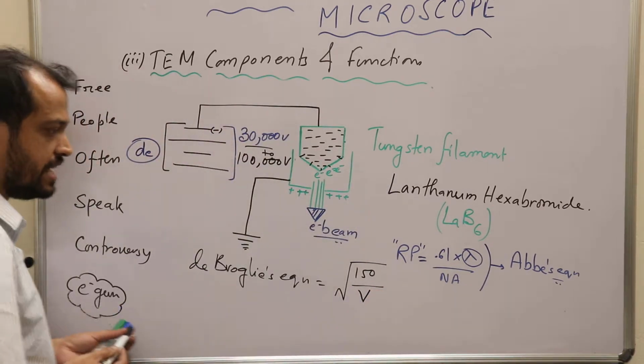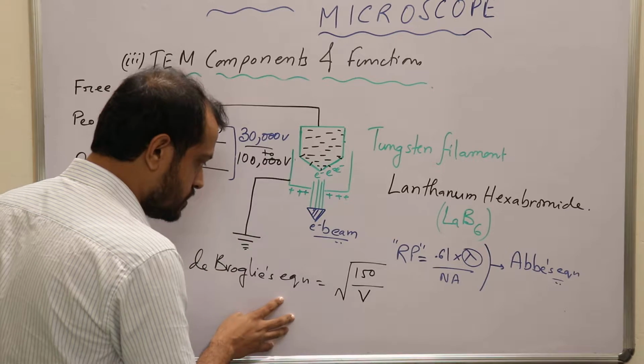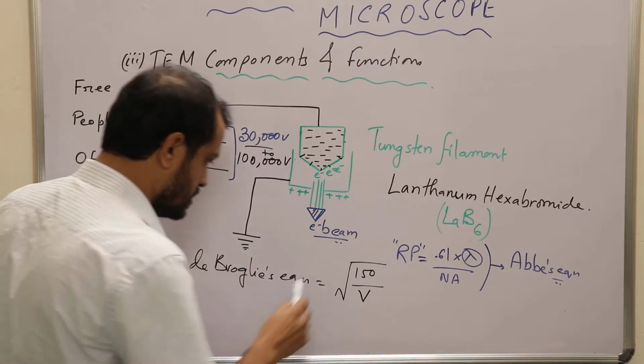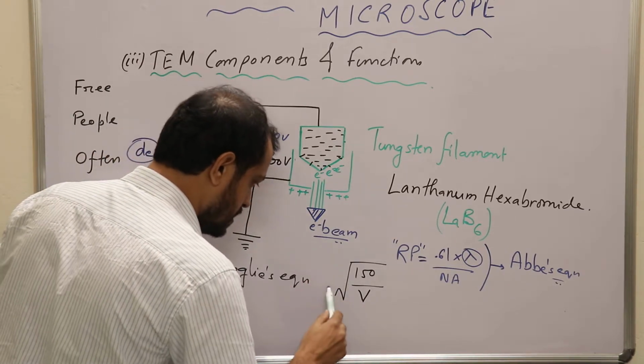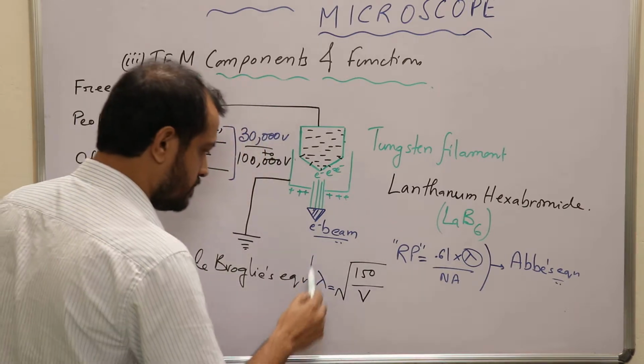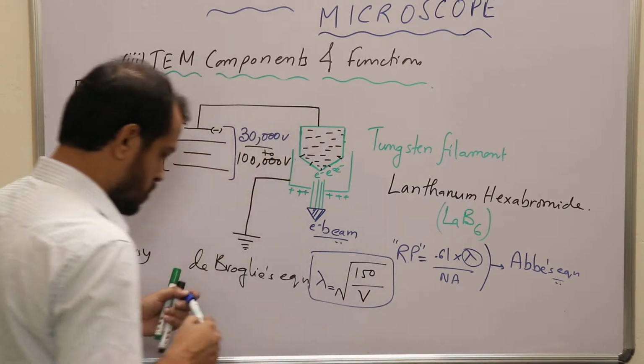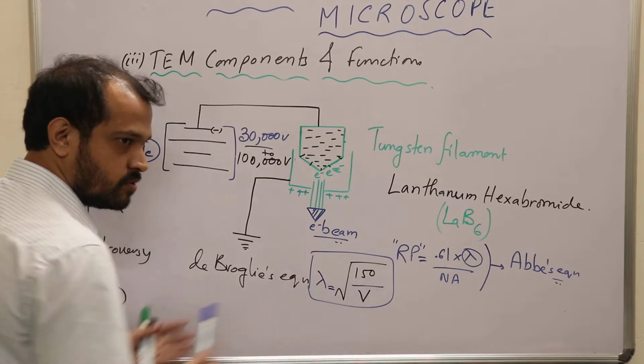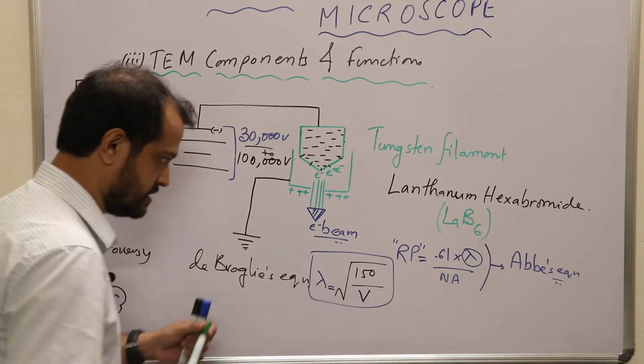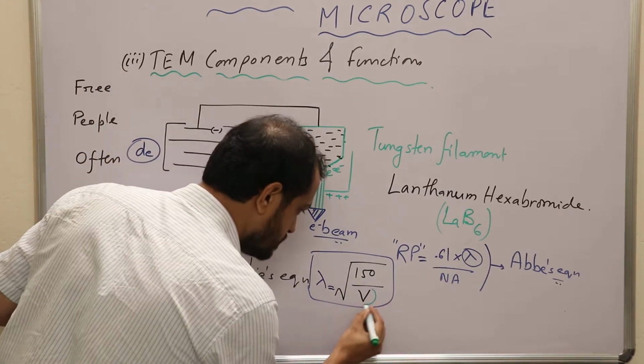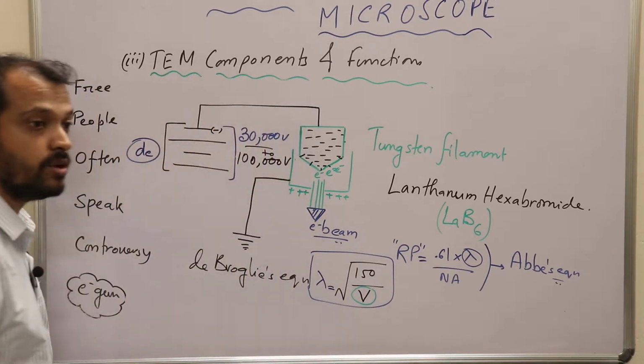Now this is the equation of de Broglie using which we can find out the lambda of this electron beam. What is this 150? We don't have to know this, we'll talk about this in detail later. What is this V? V is the voltage.